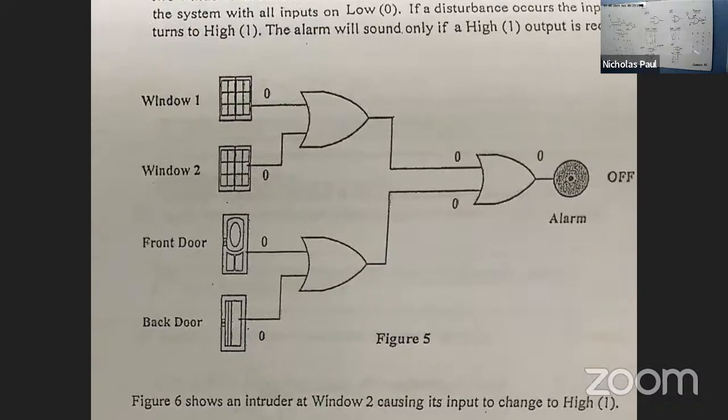You have two windows, you have two doors, and based on what happens, the alarm will go on or off. For example, if the two windows are closed and the two doors are closed, the alarm is off. Everybody okay with that?